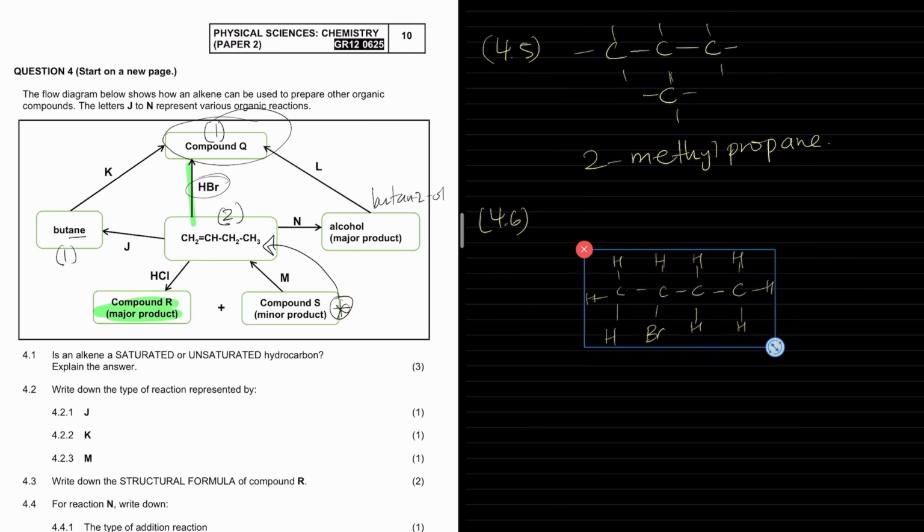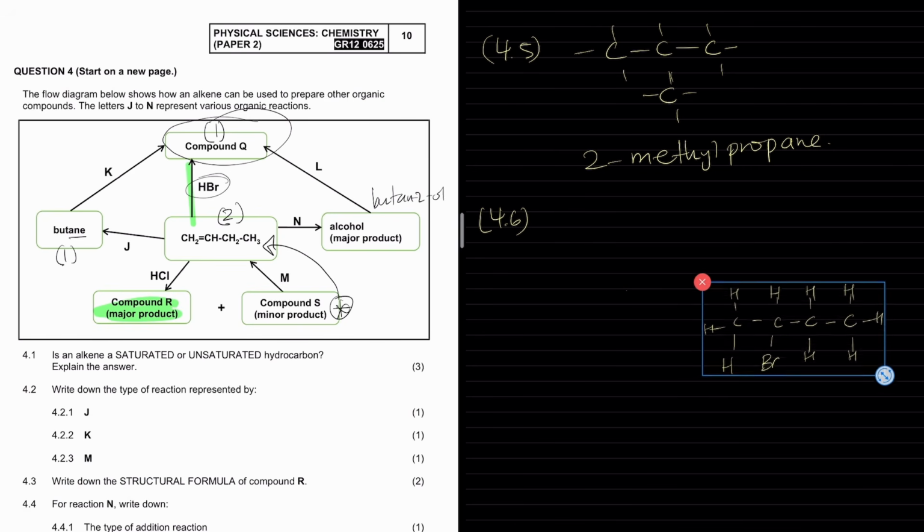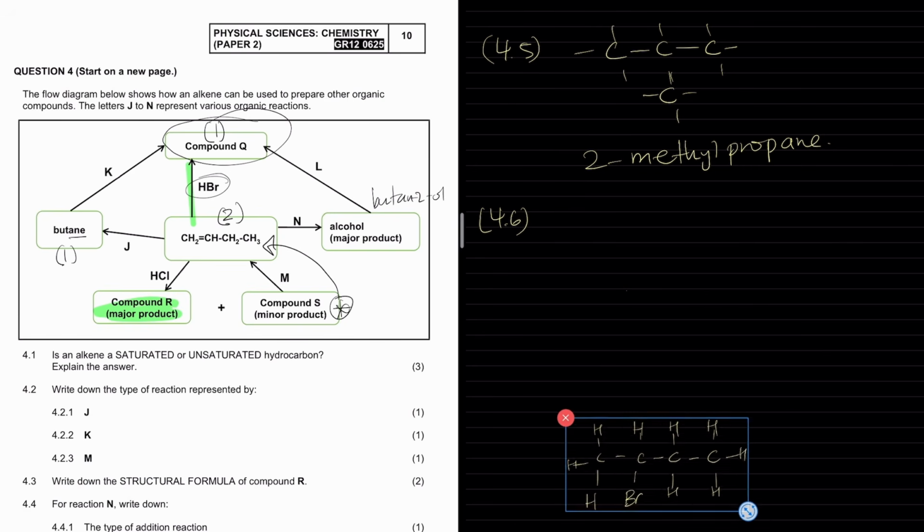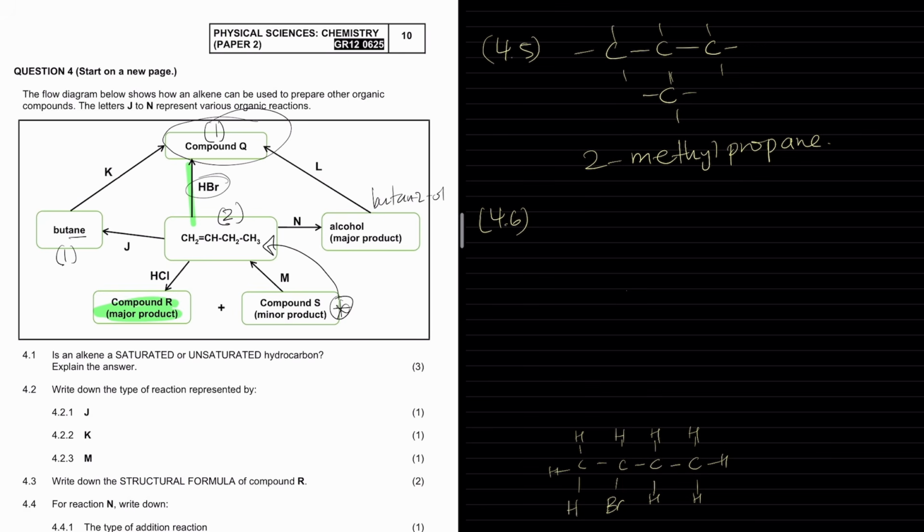Right, so there. Now it's a bit tight for space, but we'll make do. So let's just draw it this way. Now the alcohol was butan-2-ol, so 1, 2, 3, 4. Hydrogen, the OH was here. So now what would we need to ensure that we take out the OH and we replace it with a Br?